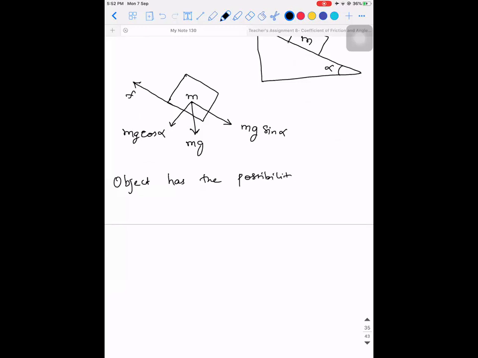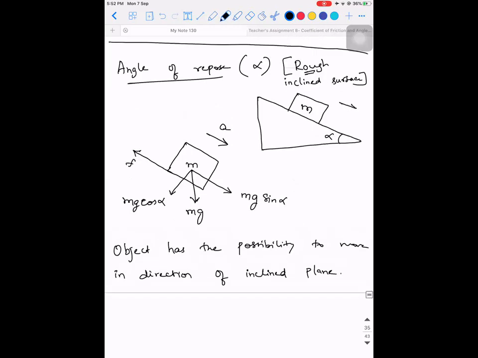In the direction of the inclined plane. It will move like this. I'm talking about possibility. Whether it is going to move or not is a secondary question. If at all it is moving, the only way it can move is in this direction, because that is the direction in which there is some gravitational force component.